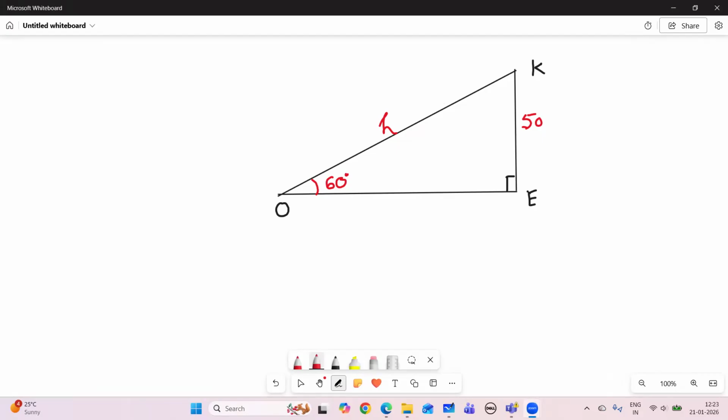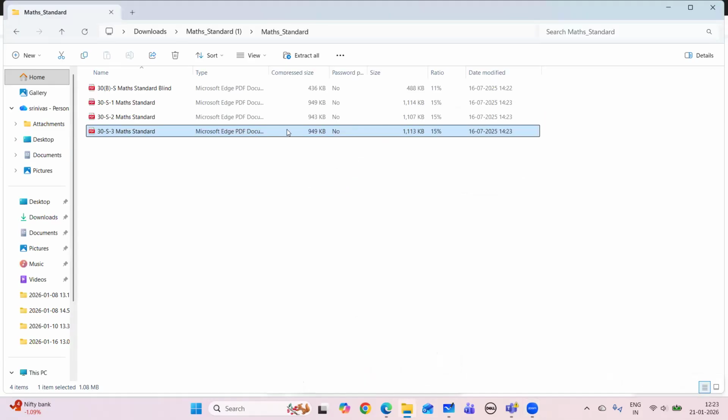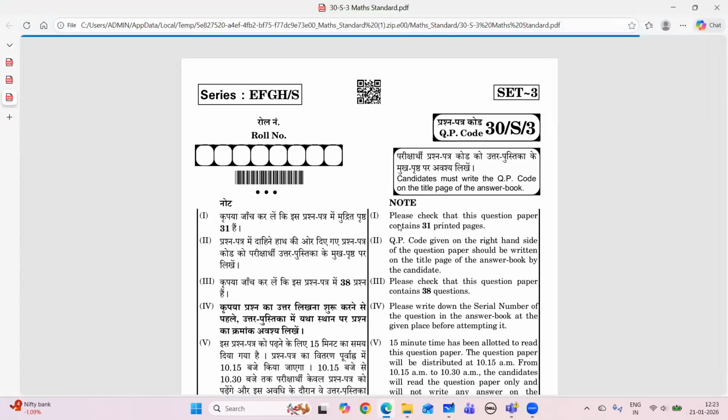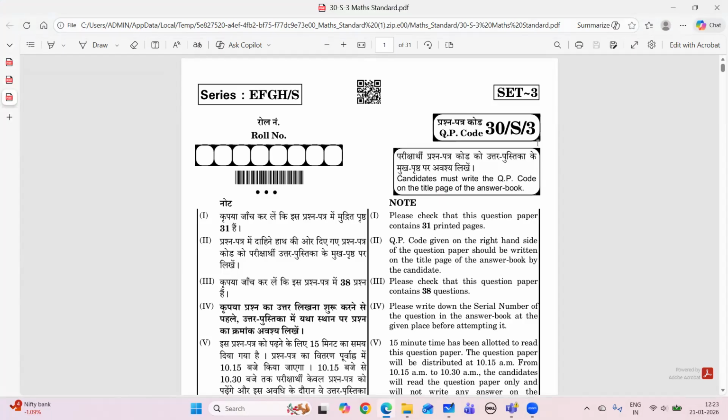I am taking the question paper of last year, that is July 2025. Its code is 30/S/3. The question paper code is 30/S/3.